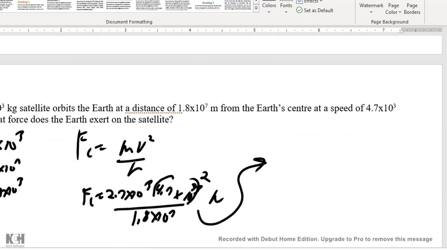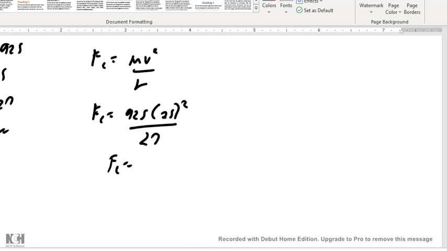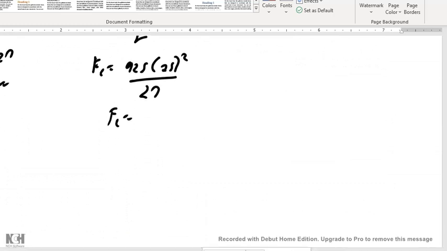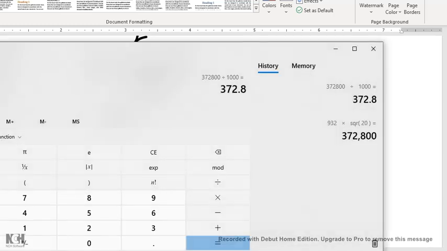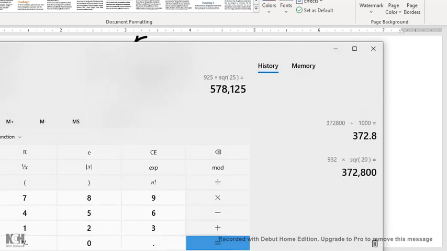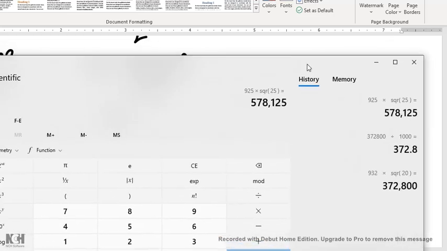Going back to check, I'm going to leave this one like that. You can get the answer. I'm going to go ahead and get the other one. Since I'm here, I know it's simply going to be 925 times 25 squared equals that number right there. Now let's go back and see.